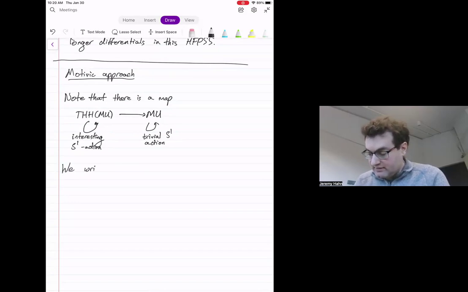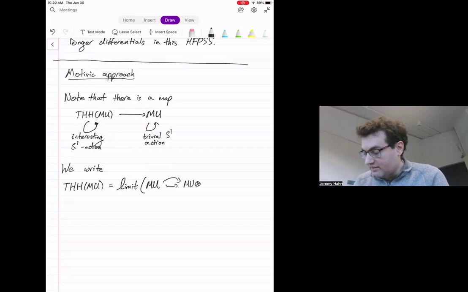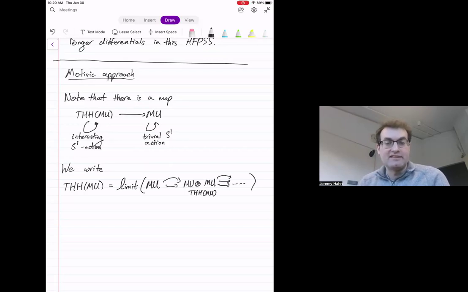We write THH of mu as the limit of a certain diagram, mu tensor over THH of mu, and we just keep going. And so I'm just writing the Adams descent, which you can do whenever you have a map of rings.